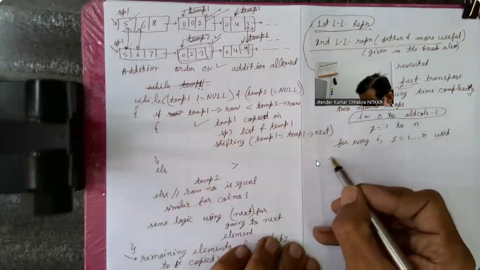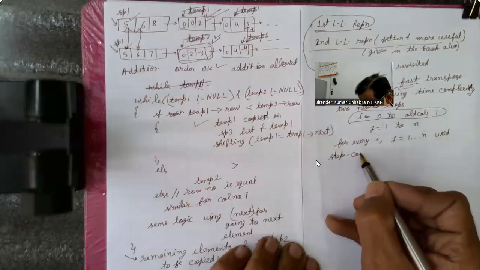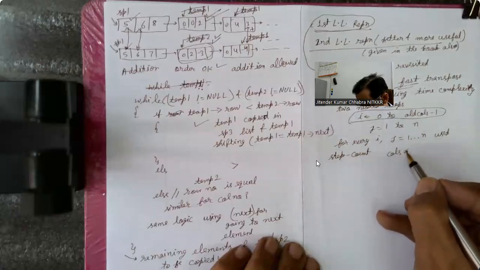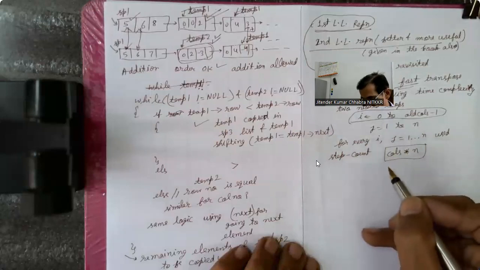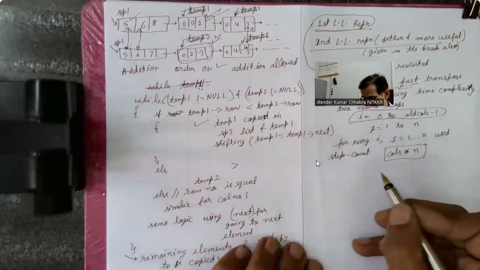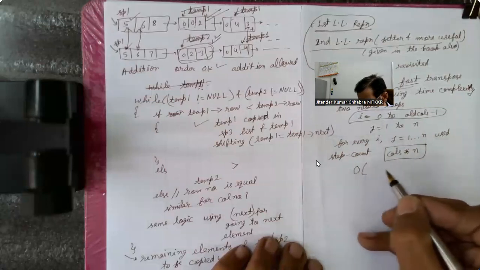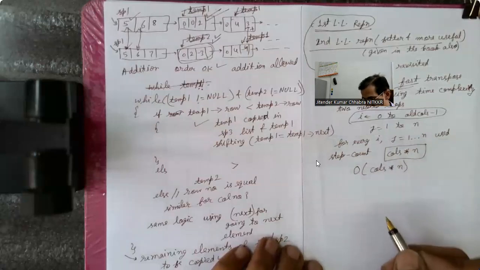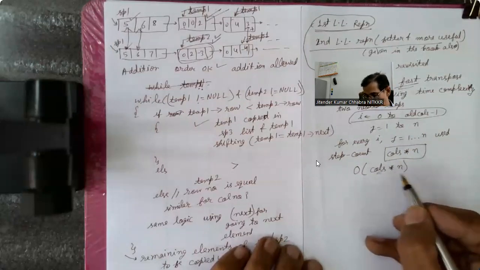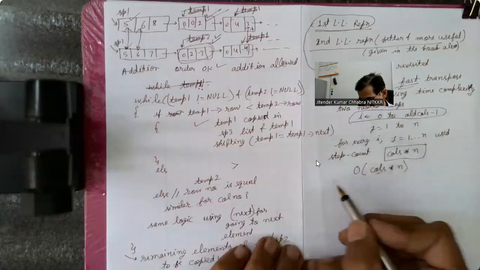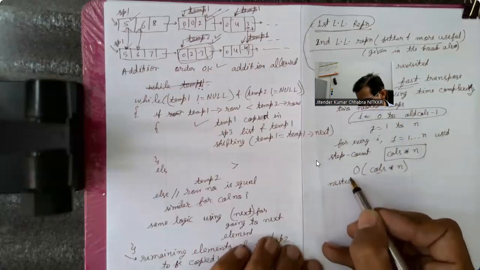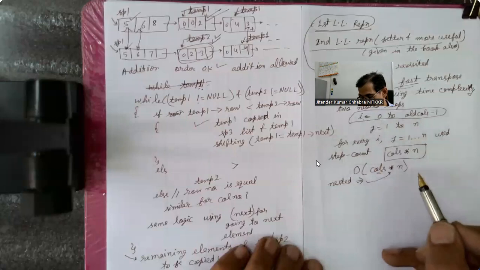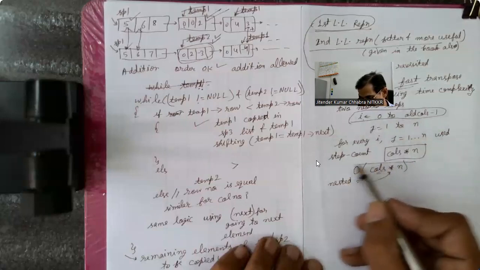This effectively means, in terms of step count, I will have approximately columns times n steps, approximately, plus or minus something, but in terms of big O complexity, it will be called O of columns into n. Old columns will become the new row number, and because of nesting, they will be multiplied, because for every i, all j's will be used. So this was your time complexity.